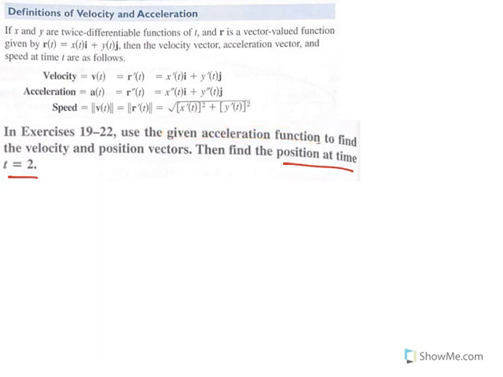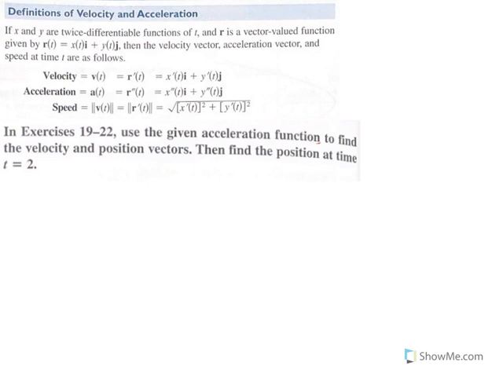We're given the acceleration function, and we want to use that to find the velocity function first, the velocity vector first, and then the position vector, and we would use the given initial conditions to help us do that, and then we will find the position at time t equal to 2.